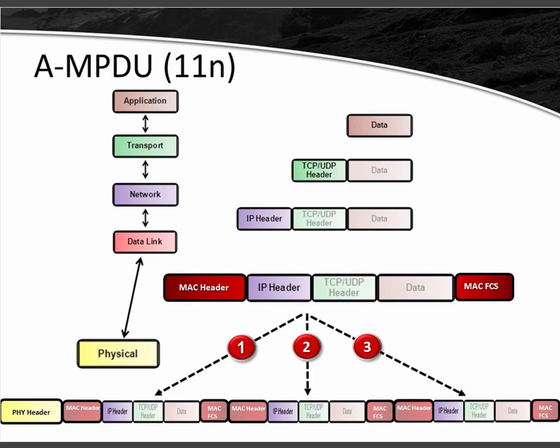Now we have support for aggregation of frames with 802.11ac as well, but something really important has changed. With 802.11ac, all frames are sent as aggregated MPDUs. That is to say, even if we're only sending one frame, with one MAC header, one MAC frame check sequence, one MAC frame, we're still sending it using the PHY format for an A-MPDU.